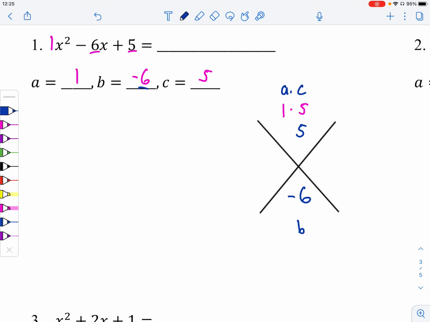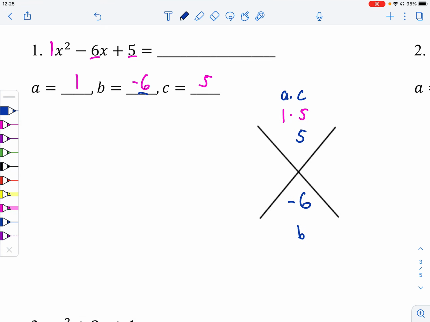So we're going to find what factors of 5 add to -6. We can have factors of 5, 1 times 5. That doesn't add to -6.